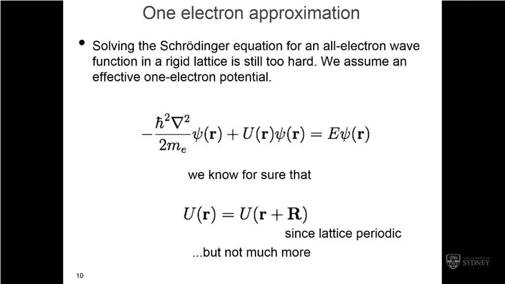If you're at some origin here, and there's some vector little r, then little r plus R will be the translation vector to the next cell. Okay, so just remember this.